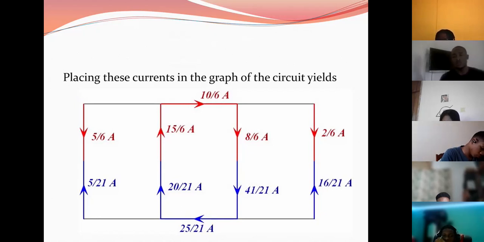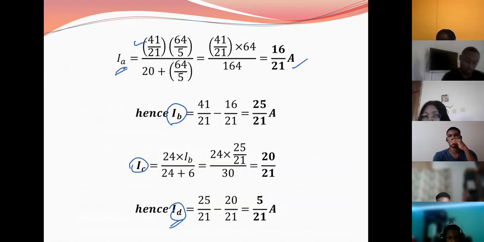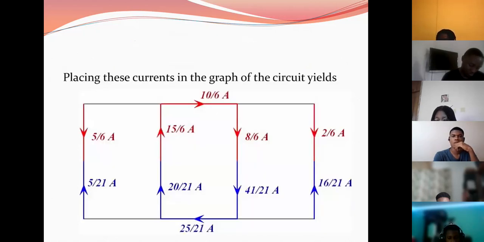Just to link a couple of them so that you understand what we're saying: ID was the current through the 24 ohm resistor. IC was the current through the 6. Here they are. And that was with the 25-volt source.